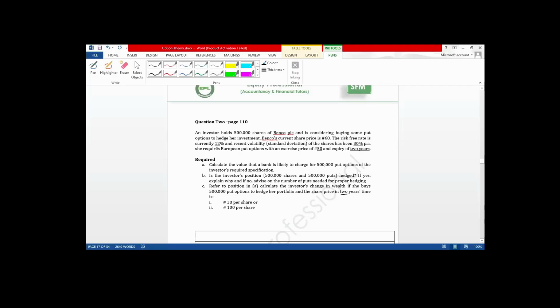Now the investor buys 500,000 put options. A put option will give her the right to be able to sell her shares at a price agreed today. That price agreed today is 50 naira.